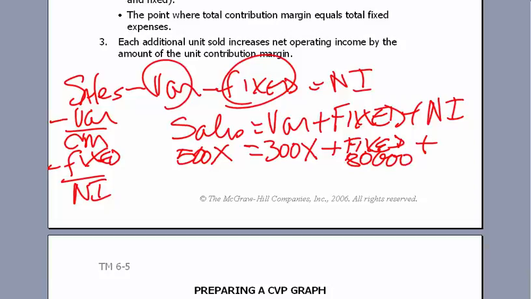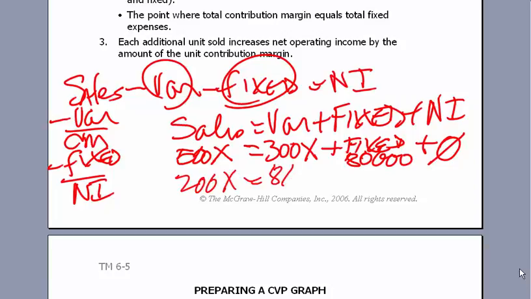And because we want to break even, we're talking about zero profit. So in other words, 200X equals 80,000. X equals 400 bicycles. Because we've put all these costs into a variable and fixed component, we can see that we can break even at 400 bicycles.